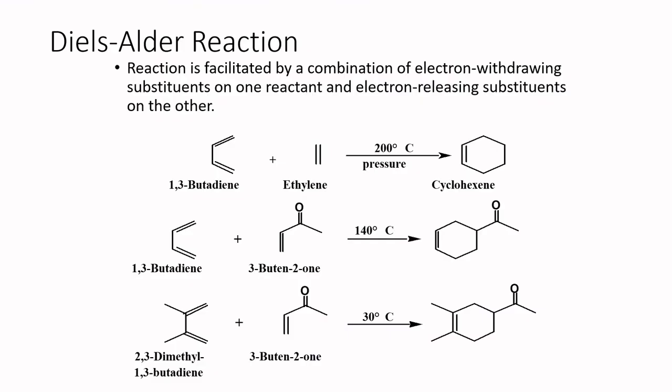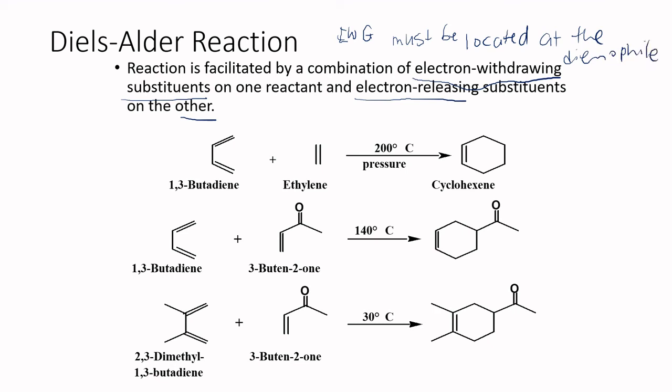Okay, so the reaction is facilitated by a combination of an electron withdrawing substituent on one reactant and an electron releasing substituent on the other reactant. The rule of thumb is the EWG must be located at the dienophile to increase the rate of the reaction.